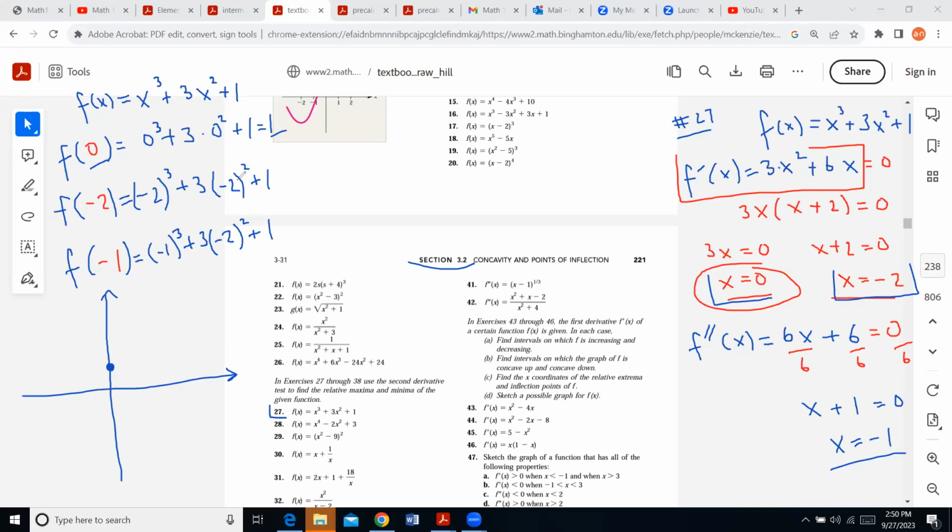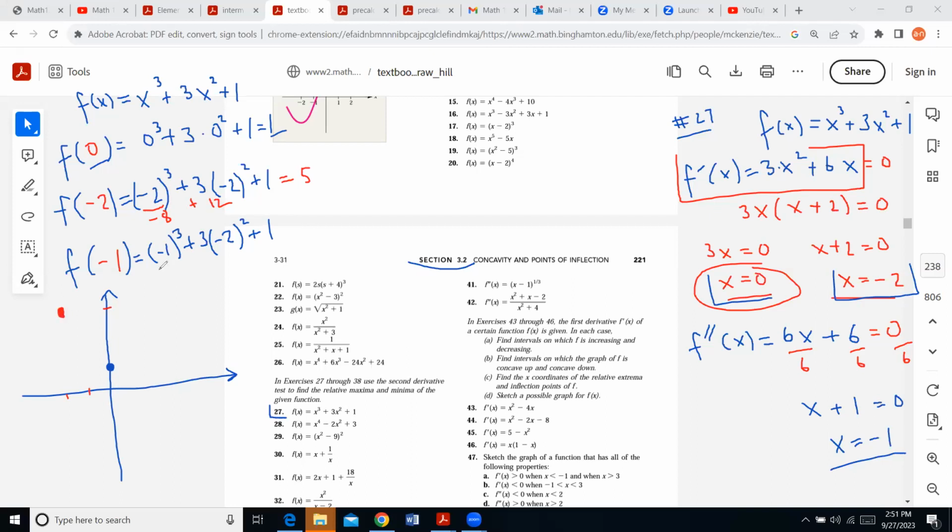Next, we'll get -8 here, and then 3 times 4 is 12, added with 1, so that'd be 5, I guess. So a point with coordinates -2 and 5, someplace approximately up here.